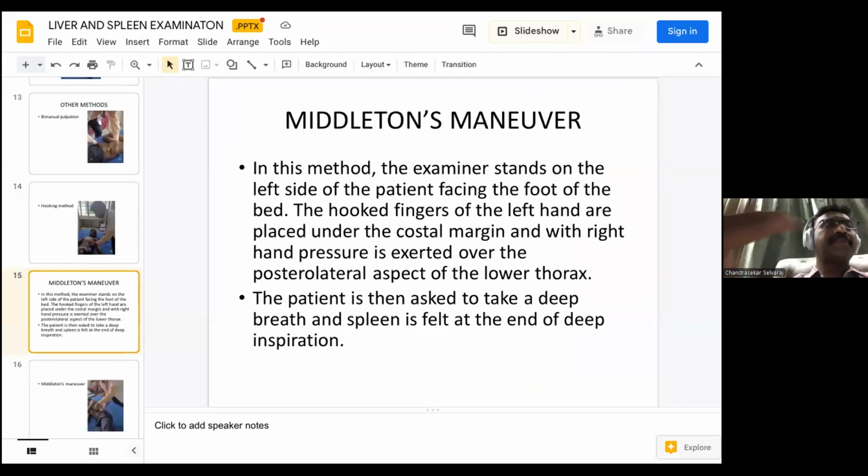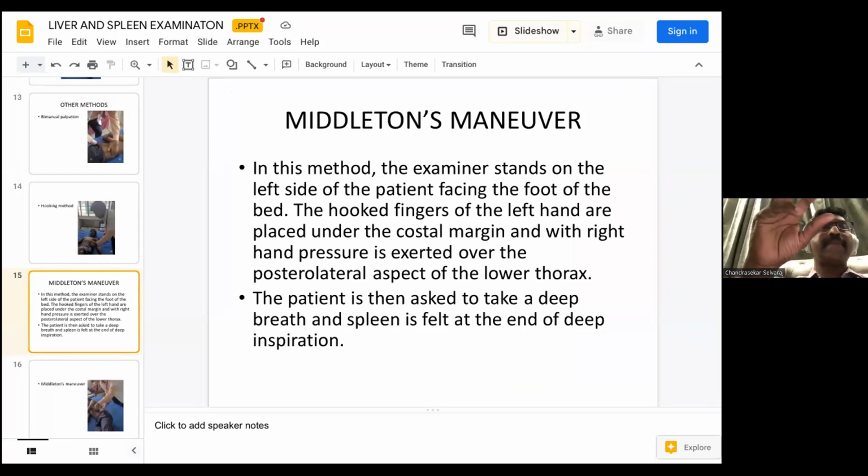It's a combination of bimanual palpation and the hooking method. Again, we come to the left side of the patient facing the foot end of the bed, and use the hooked fingers of the left hand placed under the costal margin, and with the right hand we exert gentle pressure over the posterolateral aspect of the left lower thorax.